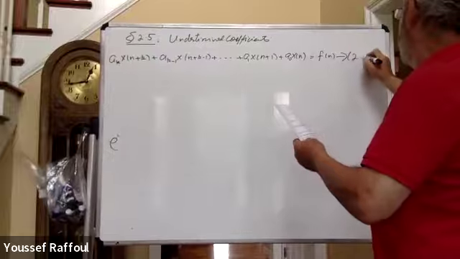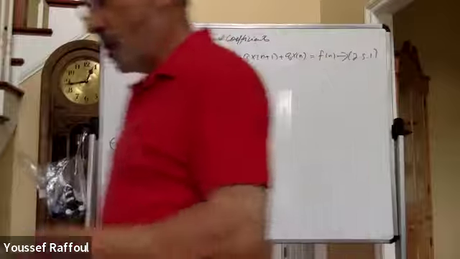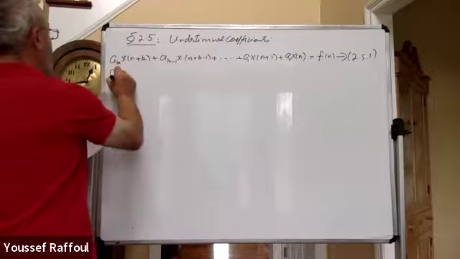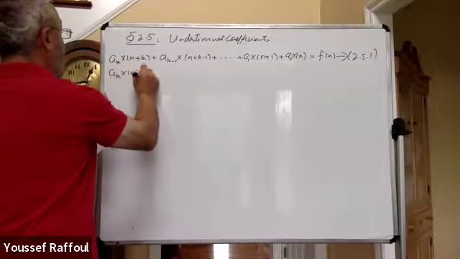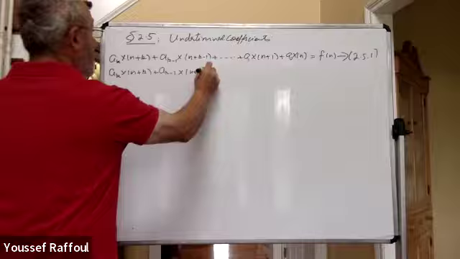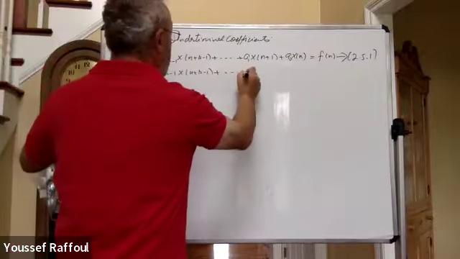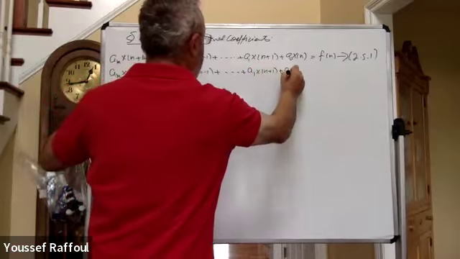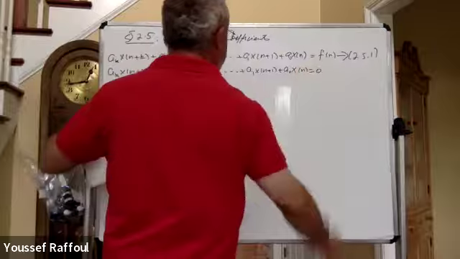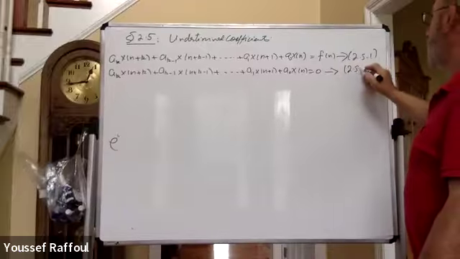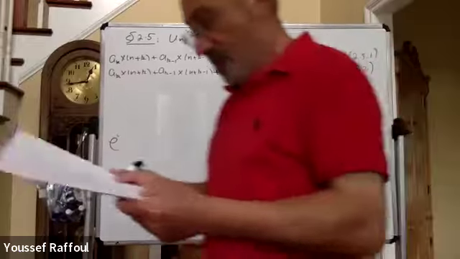And this is 2.5.1. Last time we called it 2.3.1. And then we're going to look at the homogeneous one, a_k x_{n+k} plus a_{k-1} x_{n+k-1} plus ... plus a_1 x_{n+1} plus a_0 x_n equals 0. So that is the homogeneous counterpart, 2.5.2. All right.